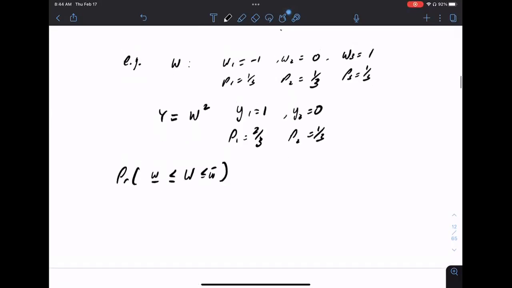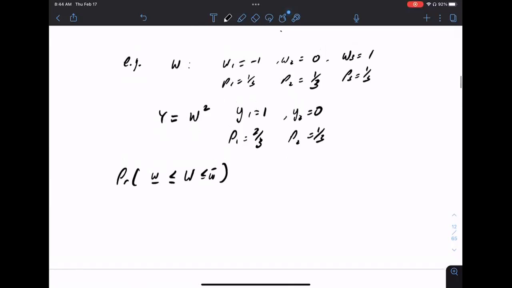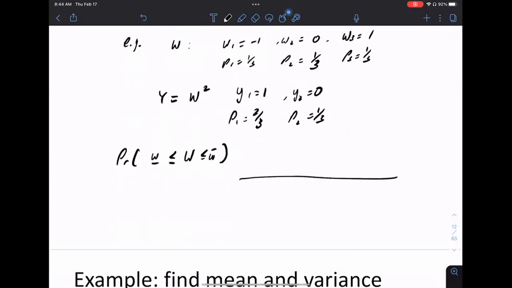Okay, so for this kind of probability, basically you sum up. So let's have an example. Let's say W1 is 0, W2 is 1/2, W3 is 1. Okay, so let's say we have these possible values.